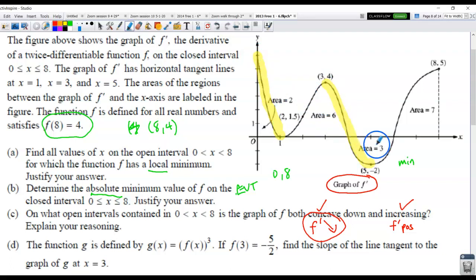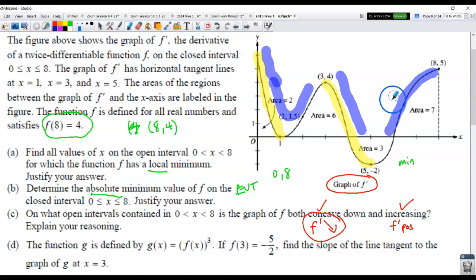Okay, so those are our two decreasing intervals. Now the next thing we're looking for is where is f prime positive? Well, f prime is positive here, here, and here, and here. So we're looking for where they coincide.